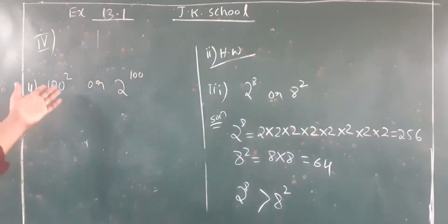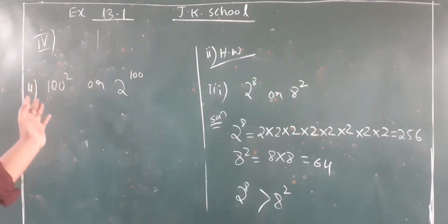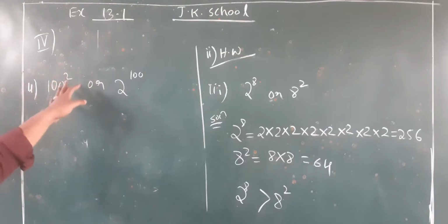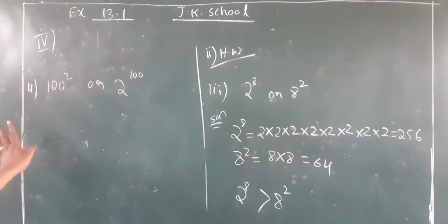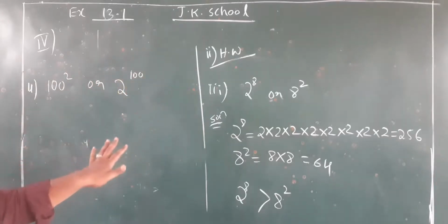You can easily observe. 100 square you can expand very easily, whereas 2 raised to 100 is quite impossible. You cannot write 2 a hundred times in a small space.